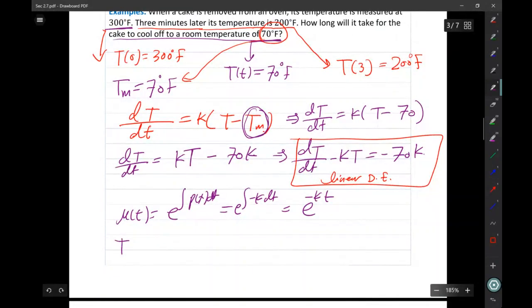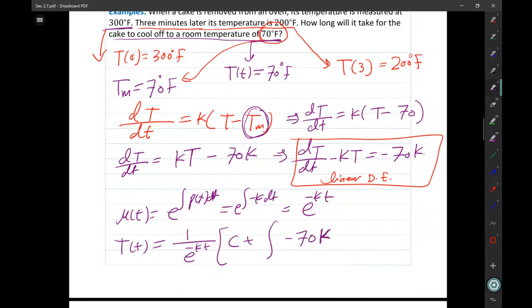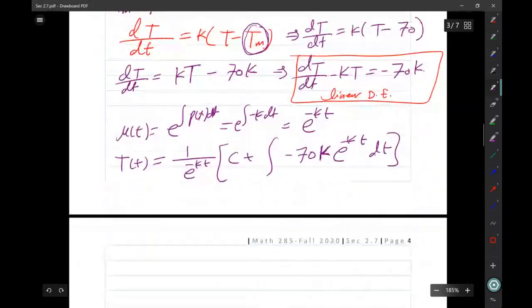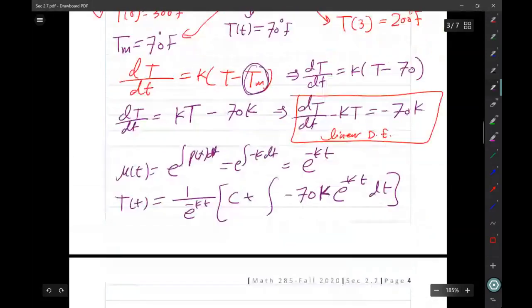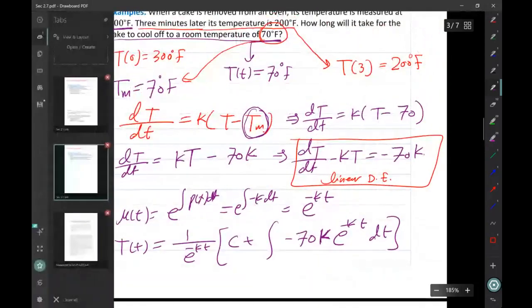The solution T capital is equal to 1 by e to the minus kt times C plus integral of minus 70k times e to the mu, which is e to the power minus kt, dt. Definitely I need one more page.